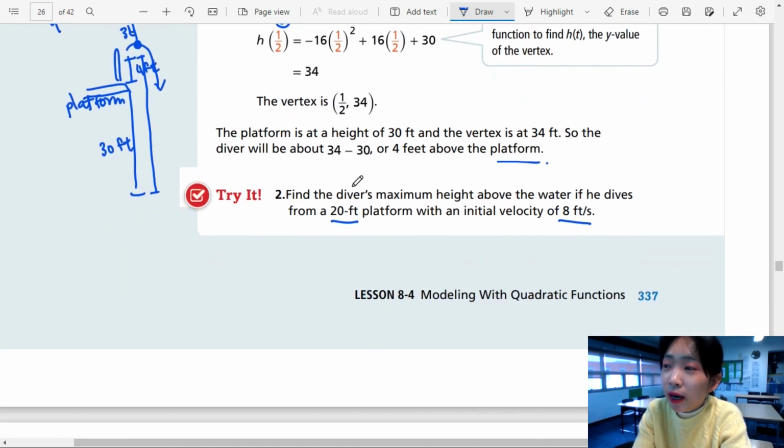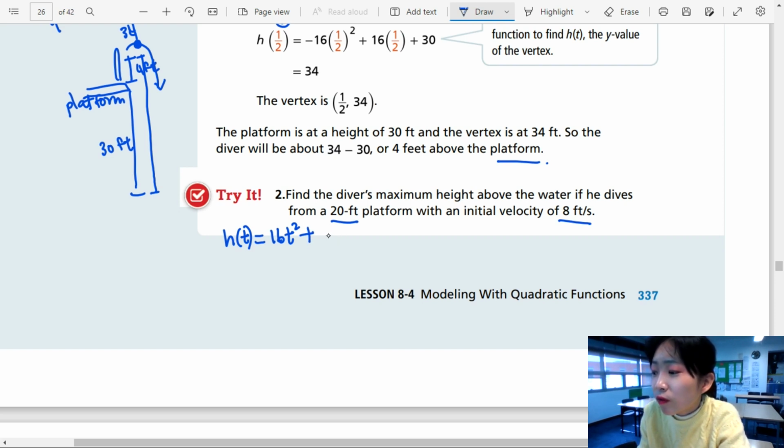So you're going to write a new equation. h of t is equal to negative 16t squared plus your initial vertical velocity, which is 8 feet per second, times t, plus your initial height, which is the height of the platform, 20. So that should be your new vertical motion model. And then you're going to solve that.